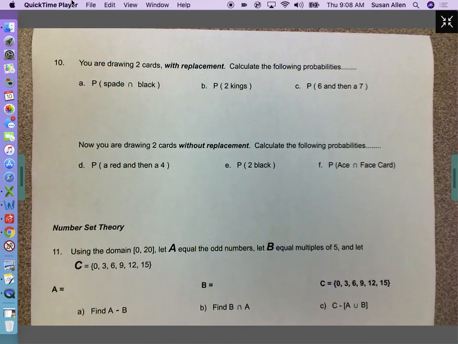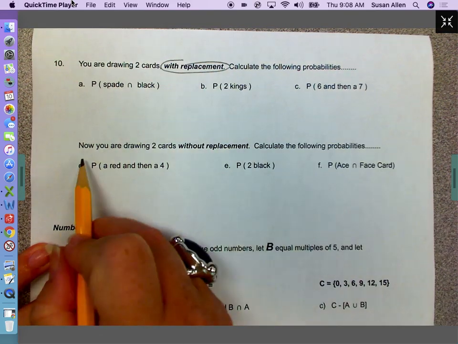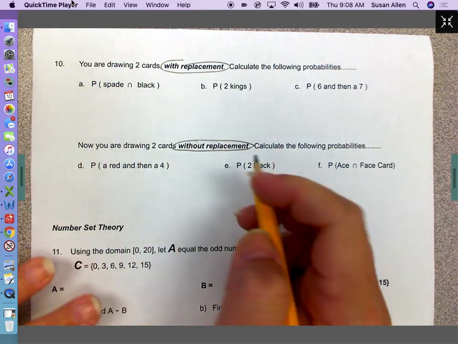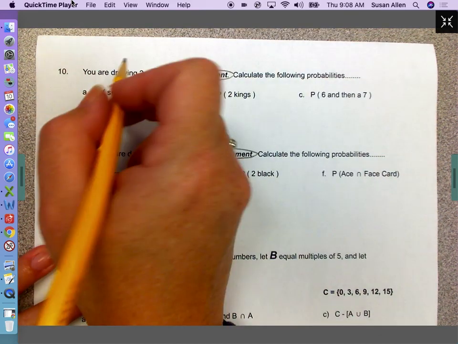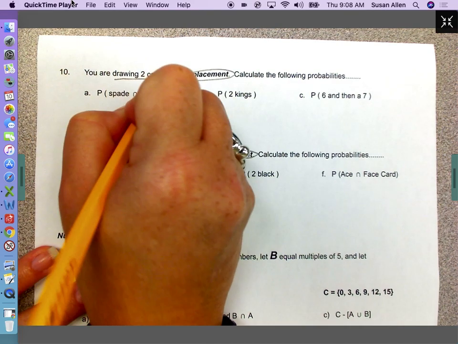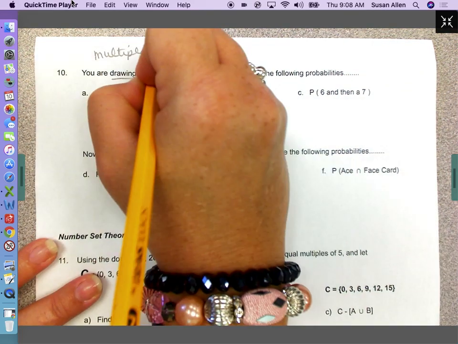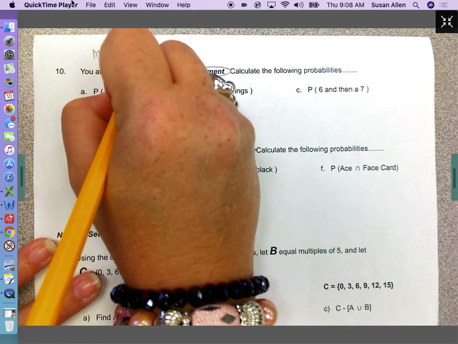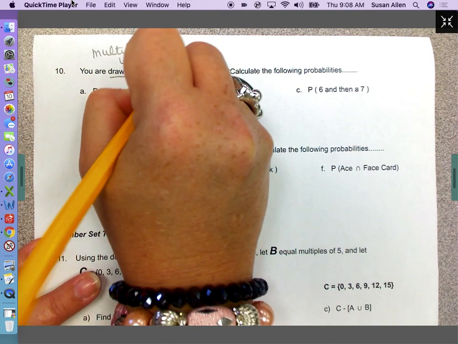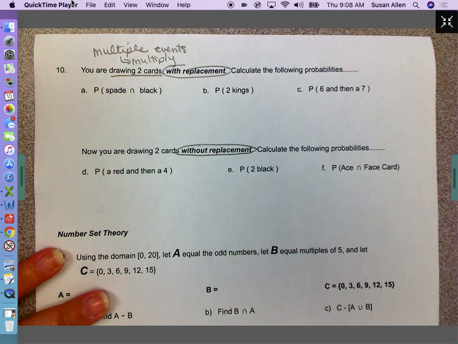So next it says, you are drawing 2 cards with replacement. So this here deals with whether events are independent or dependent. First thing I need you to recognize, you are drawing 2 cards. Therefore, you have multiple events, and when you have multiple events, you multiply. So we are going to multiply 2 fractions together to get our answers.